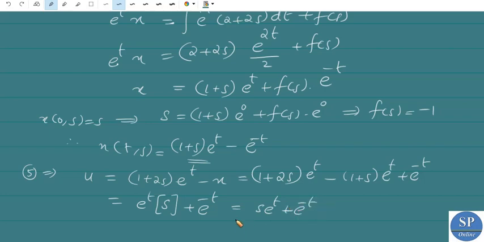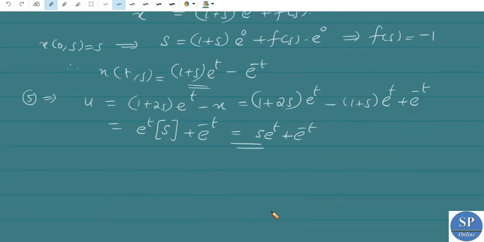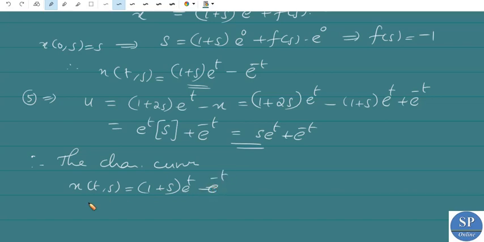Therefore the characteristic curves are given by x of t comma s equal to 1 plus s e power t minus e power minus t, y of t comma s equal to e power t, which we already got, and u of t comma s equal to s e power t plus e power minus t.